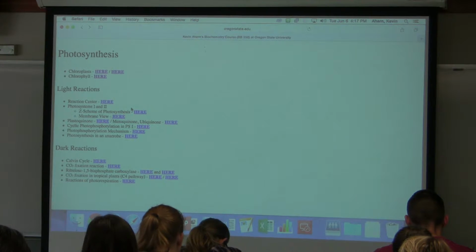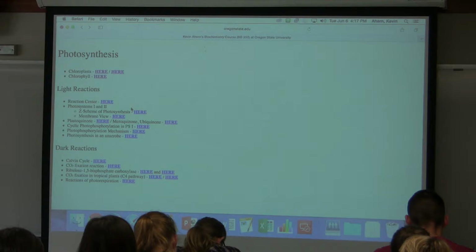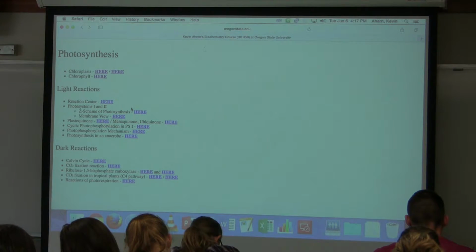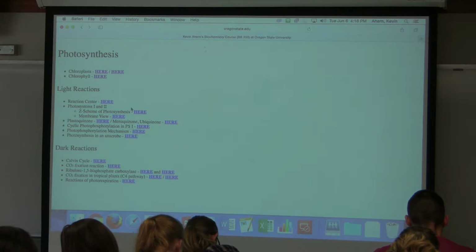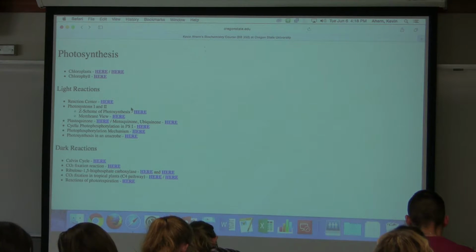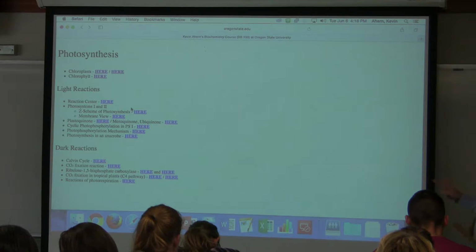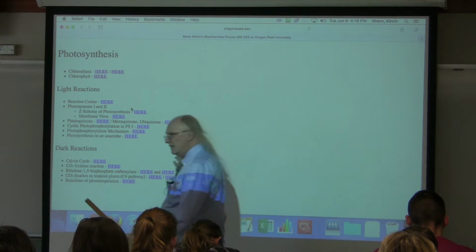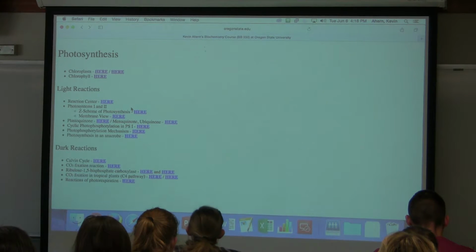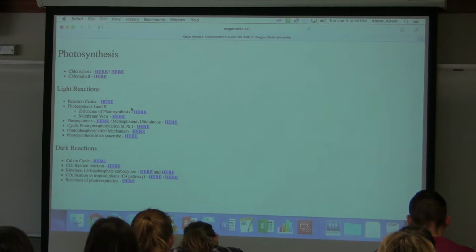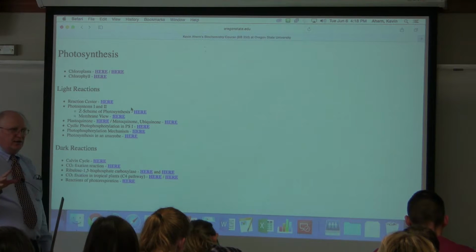Two photosystems. What's a photosystem? As we're going to see, a photosystem is the equivalent of our electron transport chain. Now, instead of having one, they have two. Plants have two, okay? And we're going to talk about that. But in the photosystems, what's happening is electrons are going to move and protons are going to be pumped, all right?